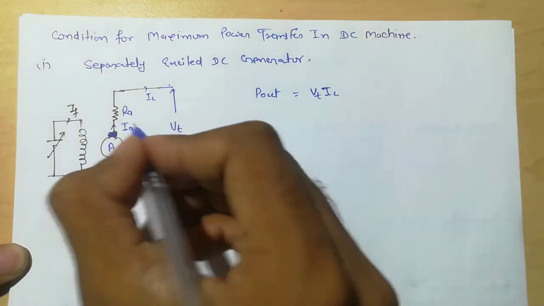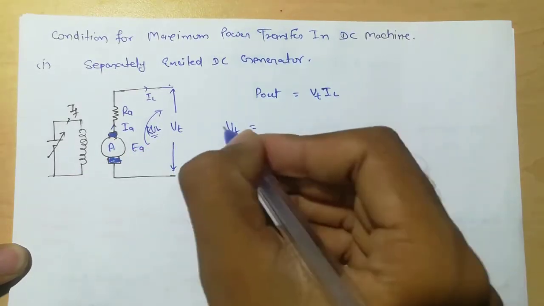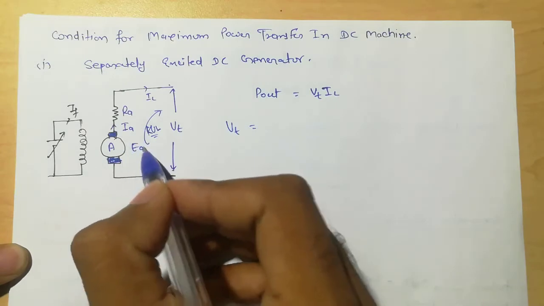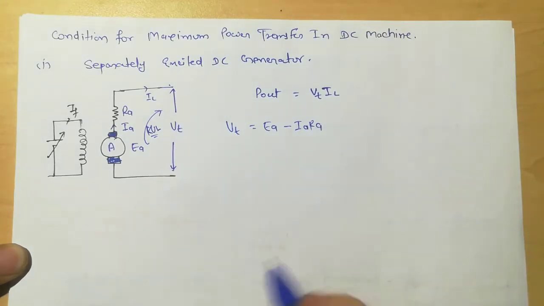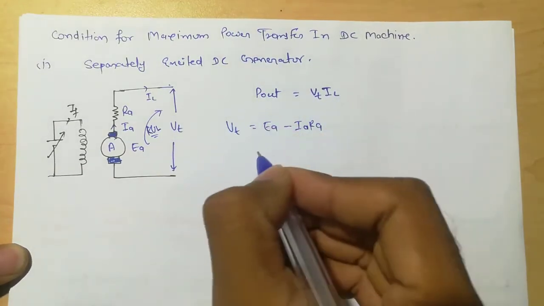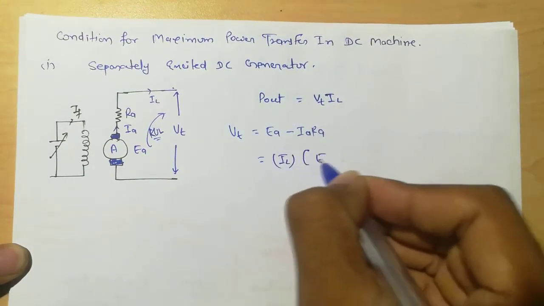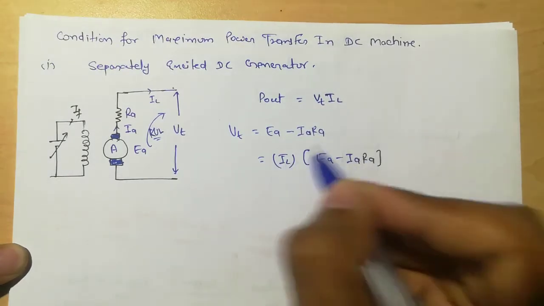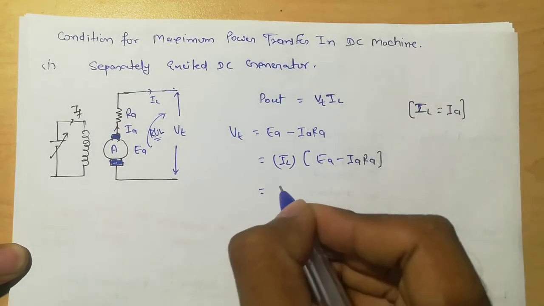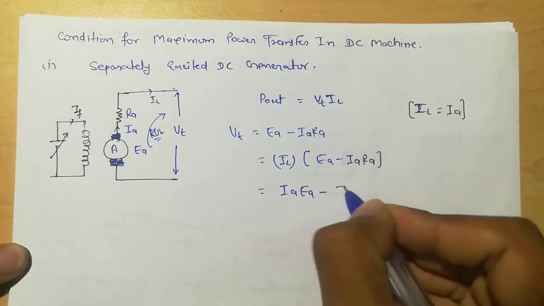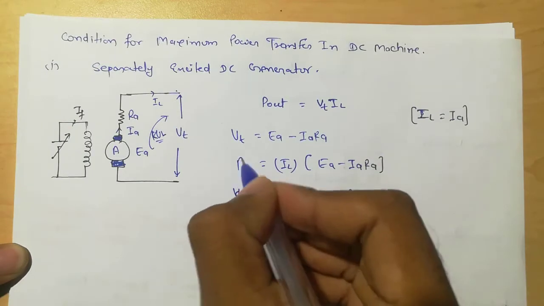Now when we apply KVL here, we get Vt, the terminal voltage, equal to the generated EMF EA minus the IA RA drop. Putting in the Vt value, the equation is IL times (EA minus IA RA), and IL is equal to IA, so we get IA EA minus IA square RA. This is our output power P, equation 1.